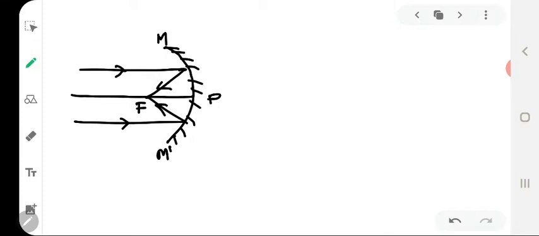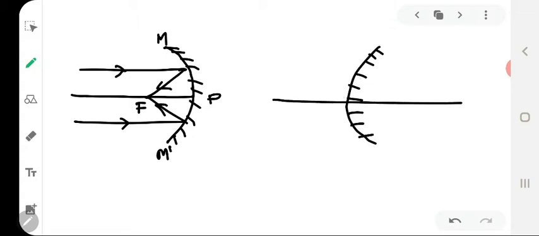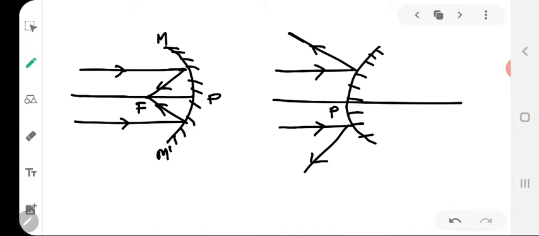Similarly, for a convex surface, if we draw the principal axis, suppose this is the pole, then rays traveling parallel to the principal axis, after getting reflected, appear to come from one point.